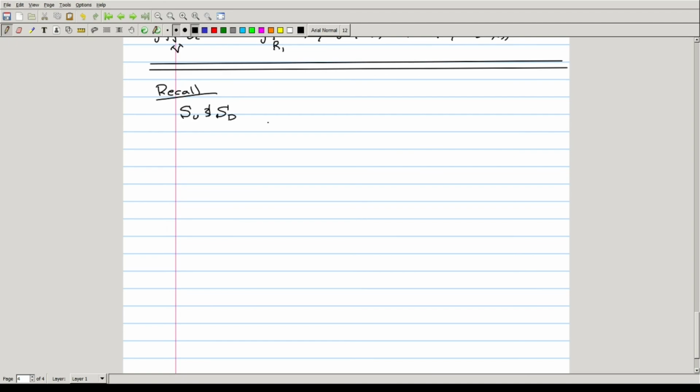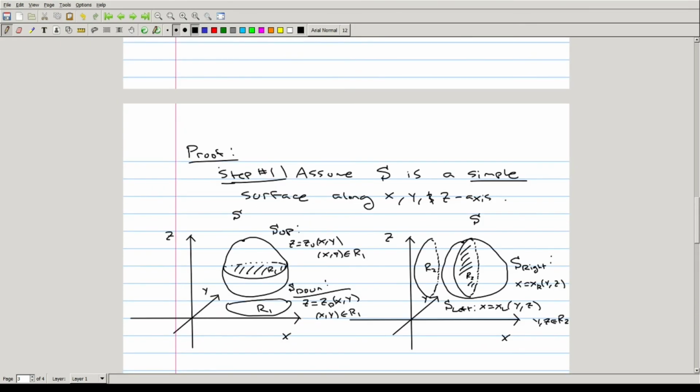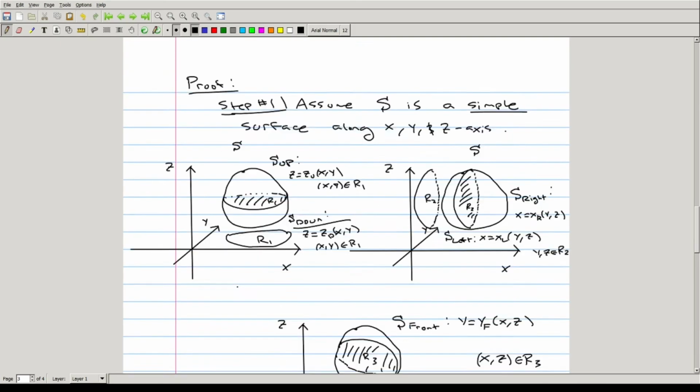S up and S down. The parameterization is for points (x, y) in R1, and our parameterization is of the form r(x, y) equals (x, y, h(x, y)) for some function h. For S up, this function is z_u, and for S down, the function is z_d, the bottom of the surface.